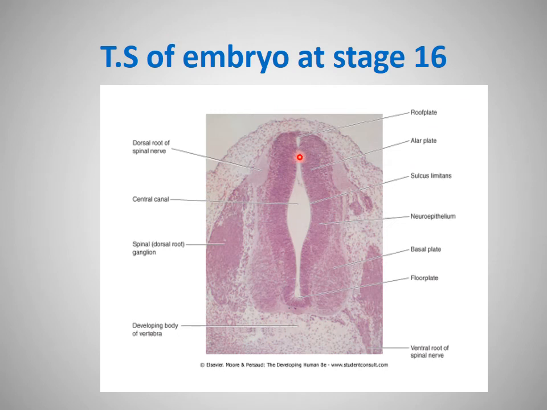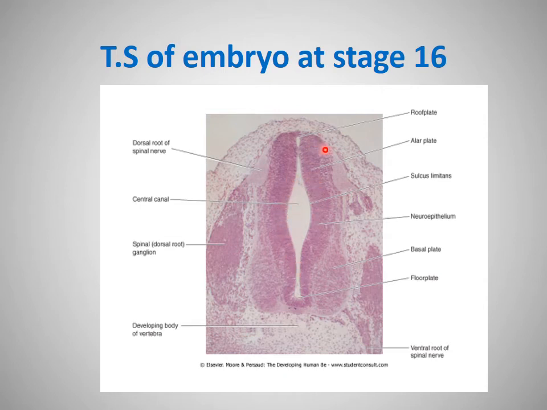Now, this is a diagram showing you the transverse section of the embryo at stage 16. Now, you can identify all the structures which we have discussed. This is showing you the roof plate and the floor plate, and this is the central canal, and this is the sulcus limitans.